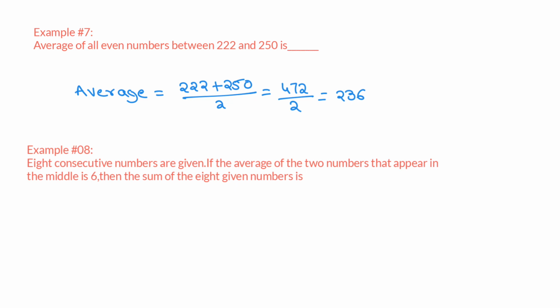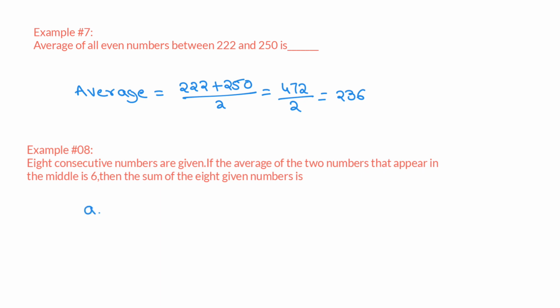Next example, 8 consecutive numbers are given. If the average of the two numbers that appear in the middle is 6, then the sum of the 8 given numbers is. It's a good question. Here, 8 consecutive numbers are there.